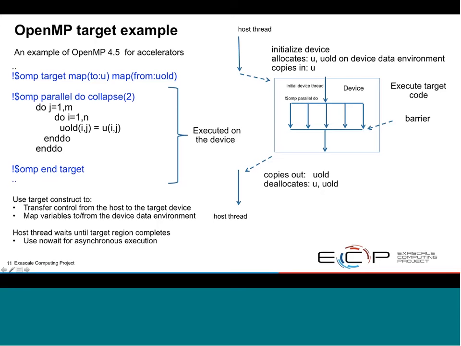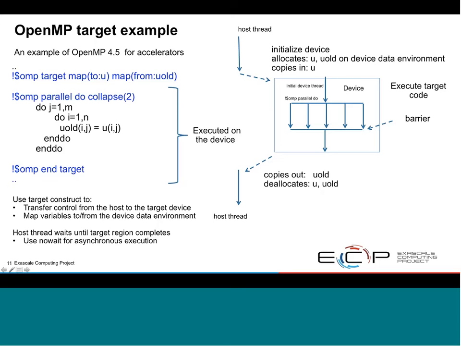When that happens, the thread starts executing in the device, and then it encounters the different types of parallelism that we support inside the target regions. Like in this case, it will be a parallel do, where multiple threads are going to be spawned, and then at the end we synchronize them with the implicit barrier that we have in parallel do.